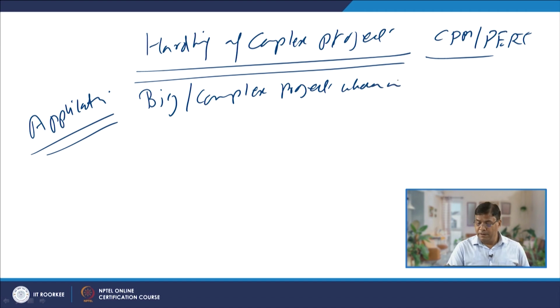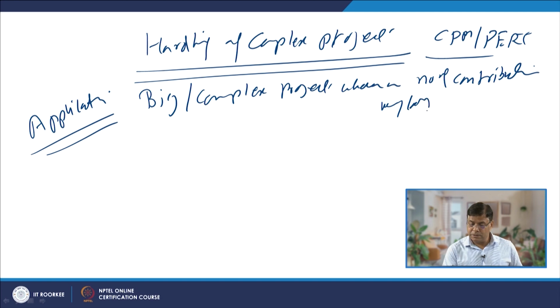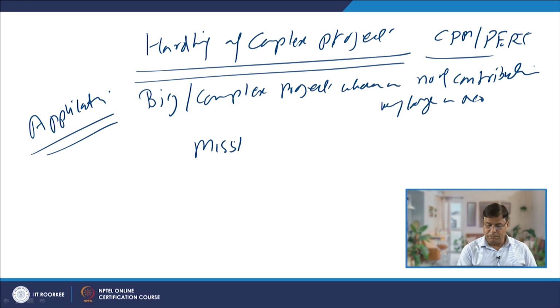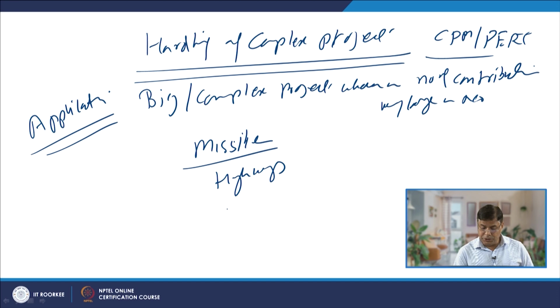wherein the number of contributors is very large. Like, say, a big missile is to be developed, or highways and huge buildings.